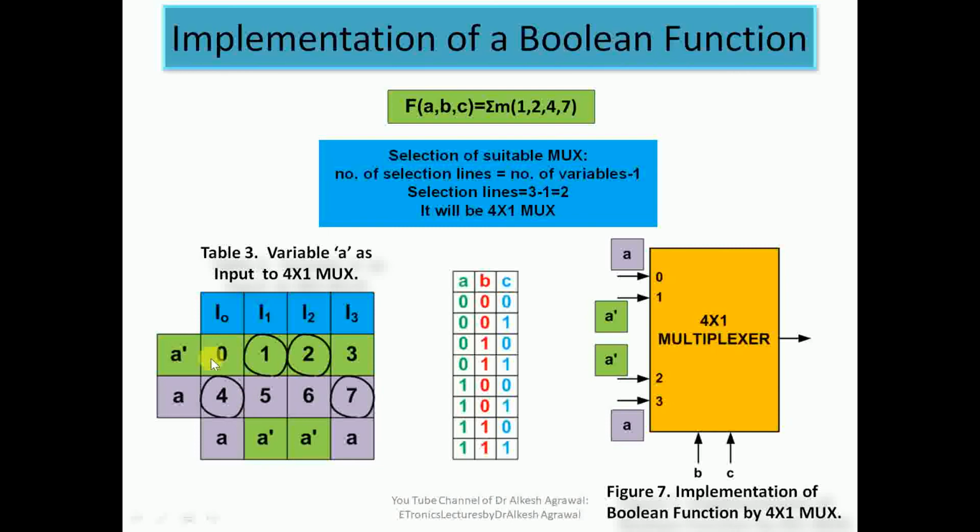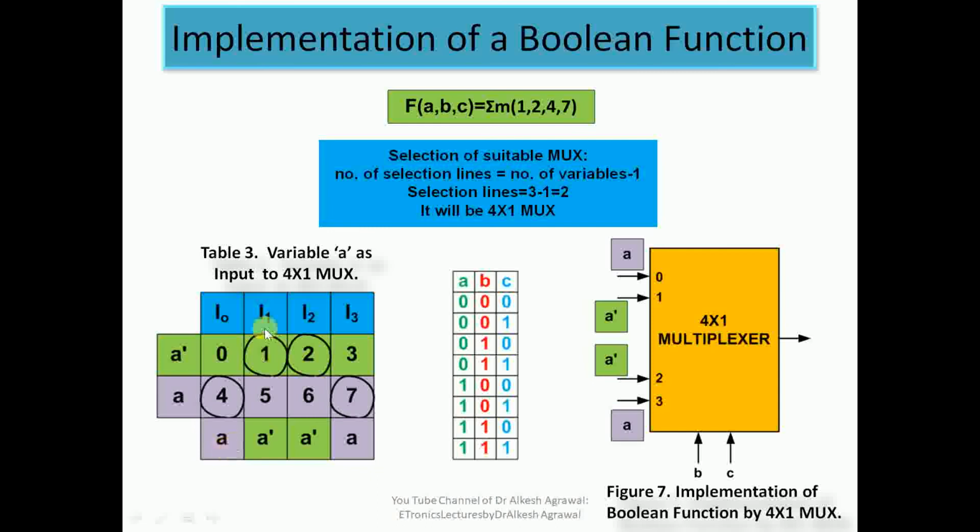But in this case, this lower value is encircled, that corresponds to A, so the final value is A. In this column, this upper value is encircled, that corresponds to A complement, so the final value is A complement. In this column, this upper value is encircled, which corresponds to A complement, so we have A complement. And in this column, minterm 7 is encircled, that corresponds to A.